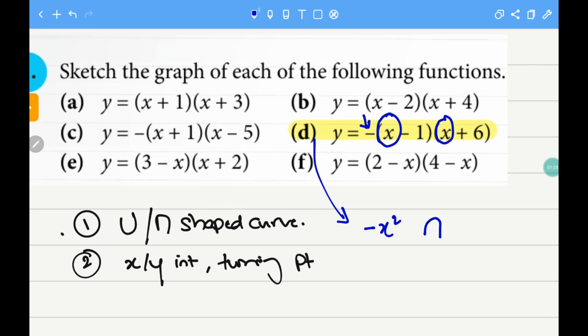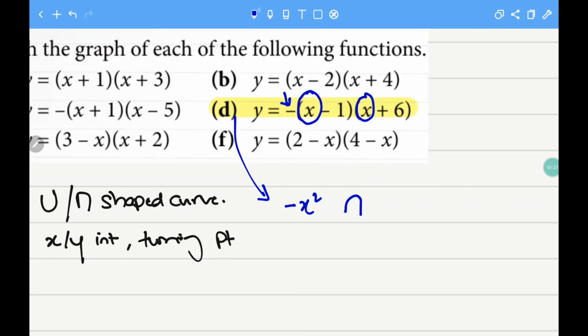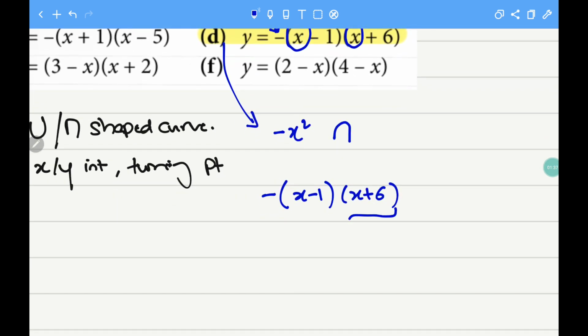Now, for those of you who are not sure why Miss Jana says negative x squared, I quickly demo here. Negative bracket x minus 1, x plus 6. What do you do first? You need to expand this part first. I'm going to leave the negative outside. So, fast forward, you will be getting x squared plus 5x minus 6 after you simplify everything.